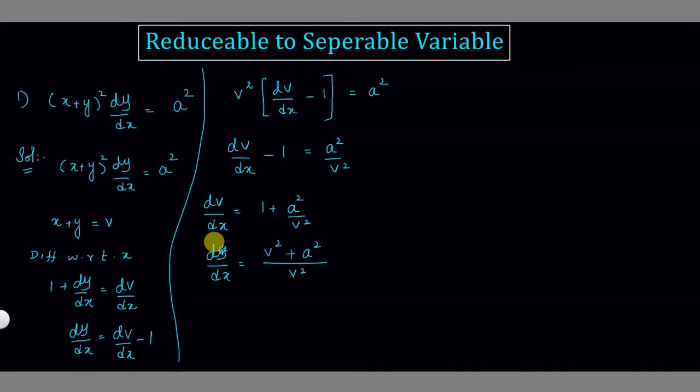I have mistakenly written dy, actually we should write dv. Sorry for this mistake. Now we can easily separate the variables just by taking the cross multiplication of the given equation, and finally we will get this one. And now the variables are separated.